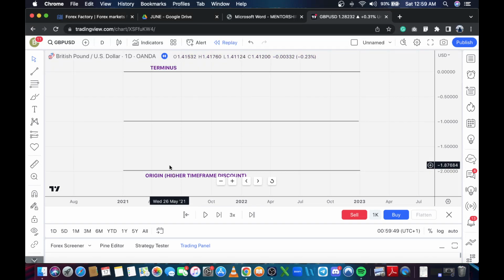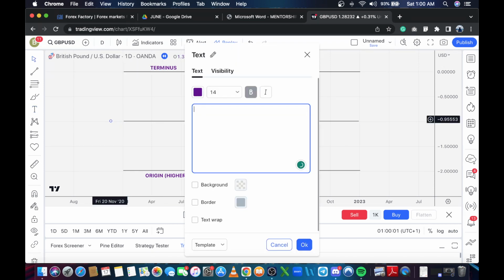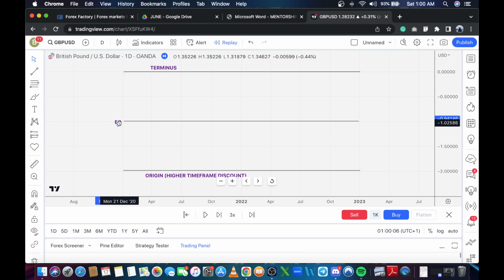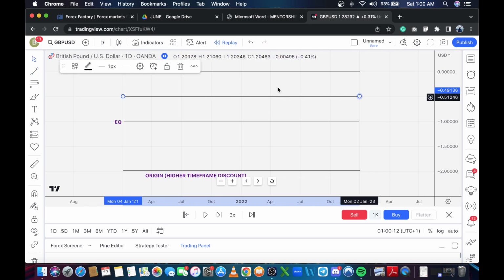Define your origin, which usually will be a high time frame level. Define your terminals, and you have your equilibrium of the range, obviously. And what you want to do is divide your terminals and equilibrium. So let's label this actually. I'm going to label this EQ, which stands for equilibrium. And between your equilibrium and your terminus, you have 2 quarters.